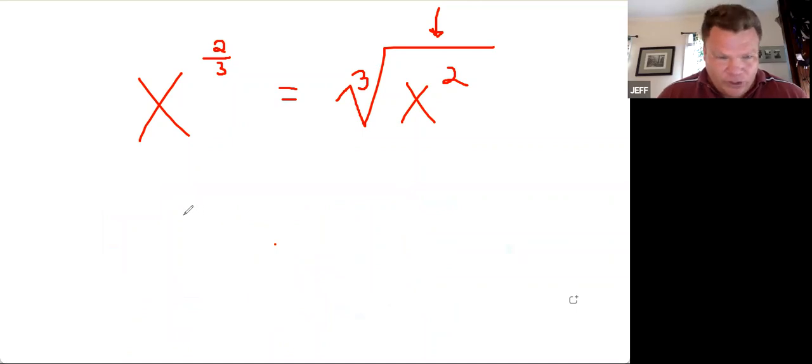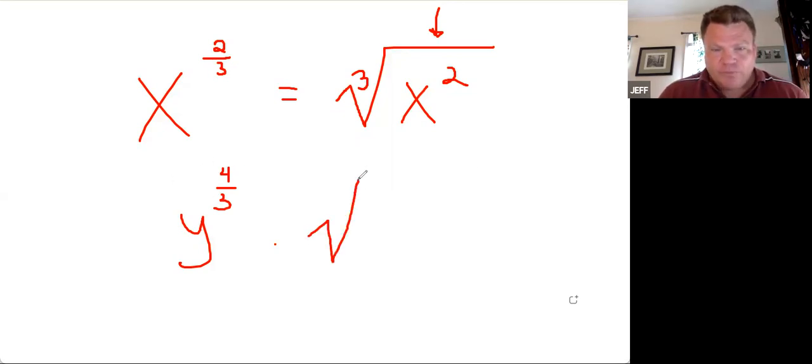So if we did y to the 4 thirds, when it's a negative number, we draw the thing out and make a fraction. When it's a fraction, we make a radical.